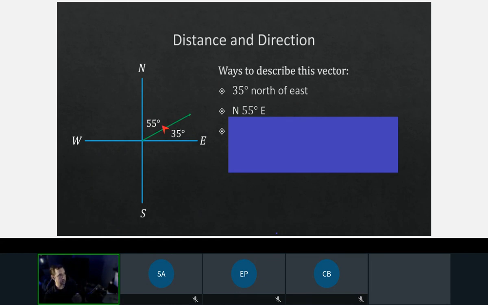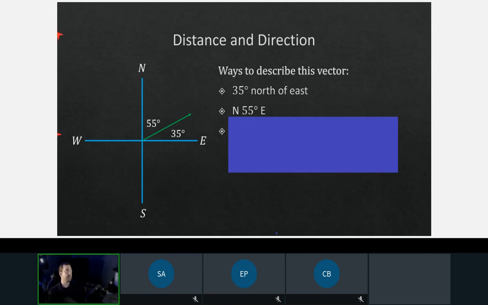So this is north 55 east. On your quiz, and you won't have any of these on your test, by the way, I looked, make sure you label both angles in that quadrant like I did here, because depending on what form it wants, you have to know both angles.